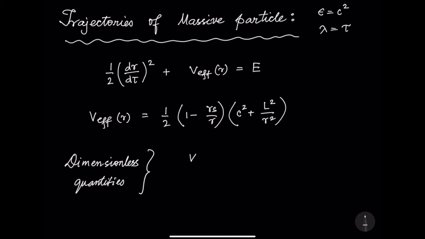So we write V effective, which is a function of something we call capital R, defined shortly. This is just 2V effective by c square. V effective is supposed to have the dimension of energy per unit mass. c square is essentially energy per unit mass. So this is V effective weighted by half c square essentially.